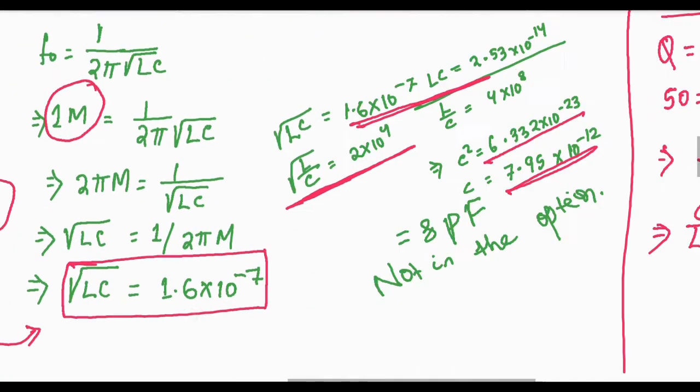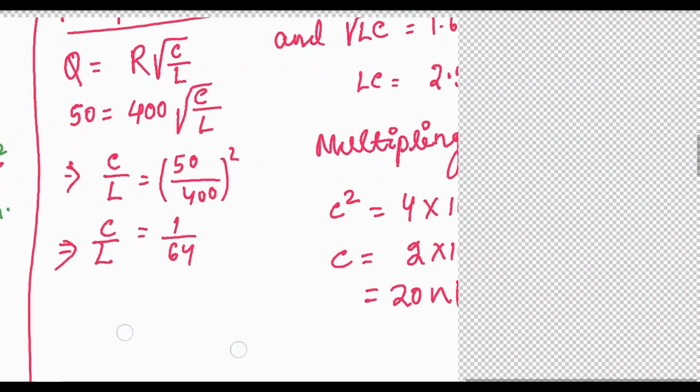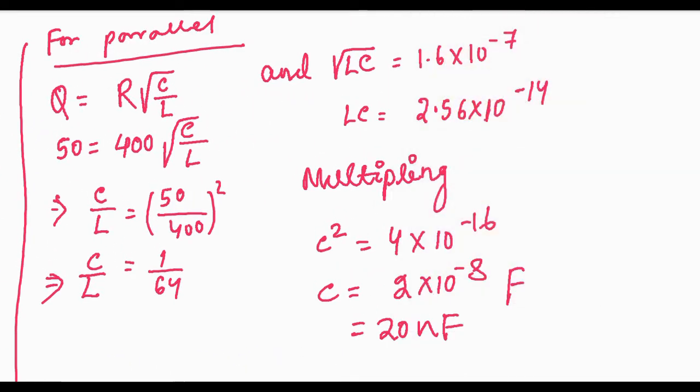And this is the series case, and if we consider the parallel case, because nothing is given, in case of parallel, quality factor is given as R into root over C by L. If we put the values, 50 is equal to 400 into root over of C by L, and we will find C by L to be 1 by 64, and root over of L by C we are getting from the previous one as 1.6 into 10 to the power minus 7, and LC is equal to 2.56 into 10 to the power minus 14.